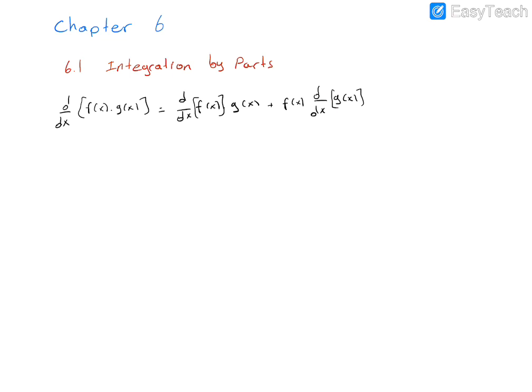We know this is the product rule for derivatives.